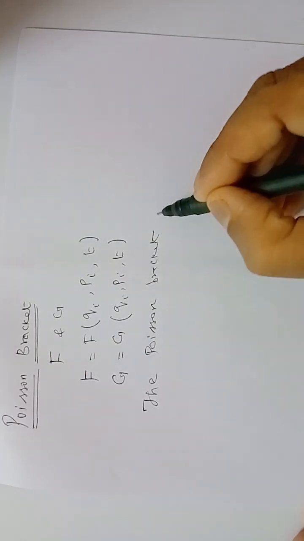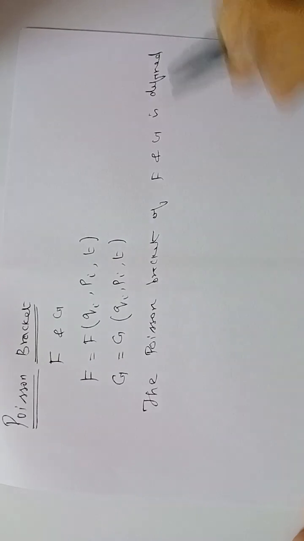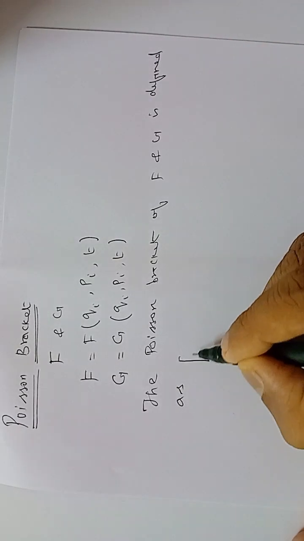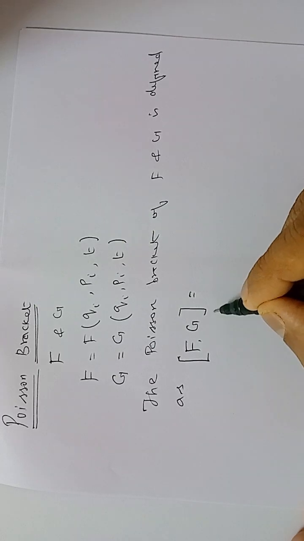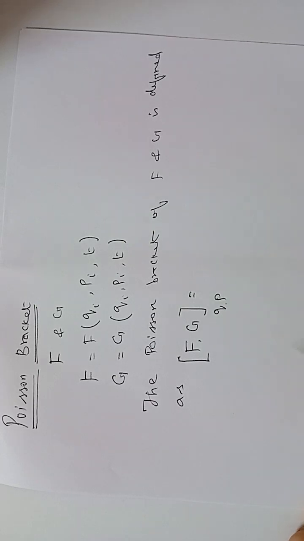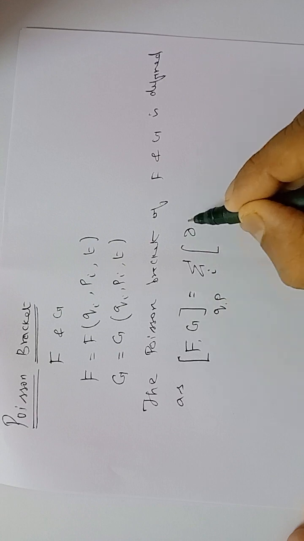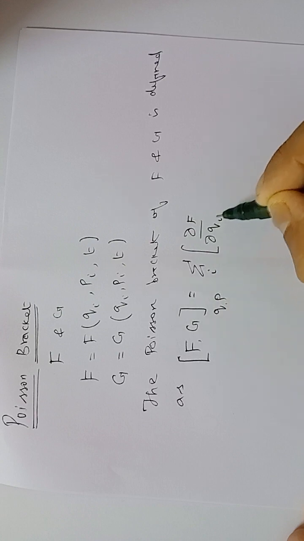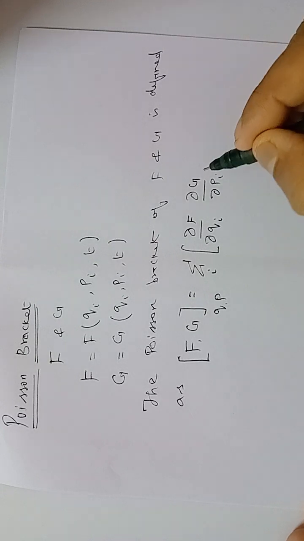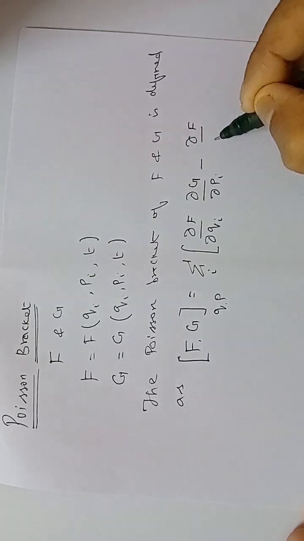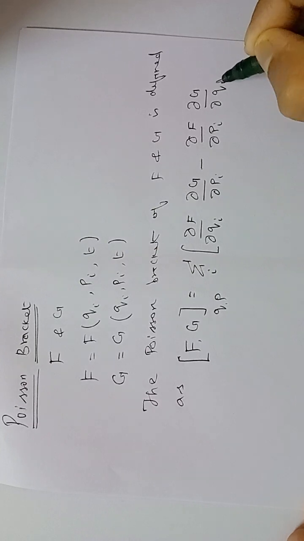The Poisson bracket of f and g, written inside a bracket as f comma g, depends upon q and p, and is equal to the summation over i of dou f by dou qi into dou g by dou pi minus dou f by dou pi into dou g by dou qi.